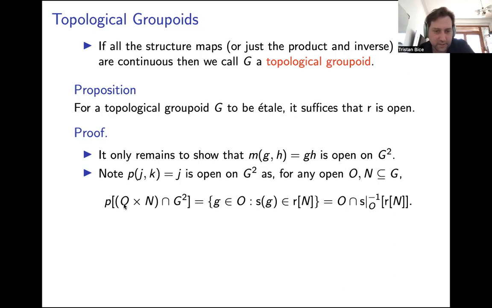It means that the source of G has to be equal to the range of something in N. As soon as that happens, it's in G2. So the source of G has to lie in the forward image of this range map R here, right? But put another way, this is really just saying we're looking at the intersection of O with all those elements in the pre-image of S restricted to O.